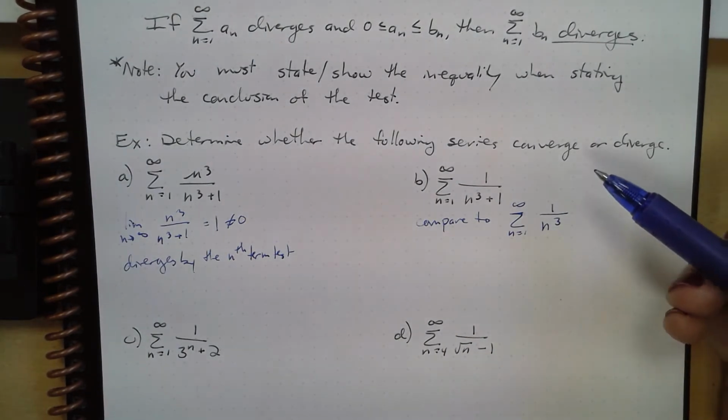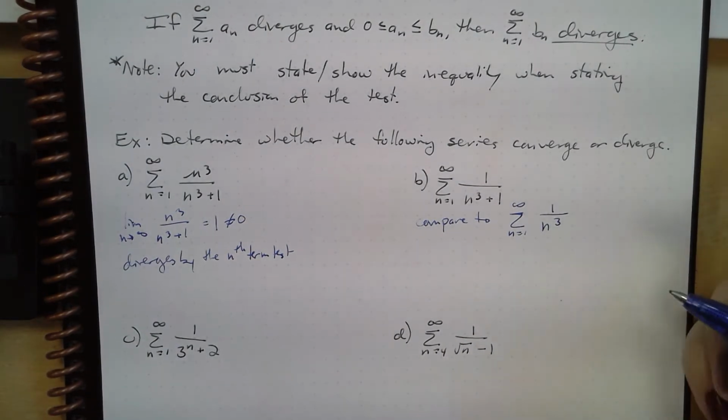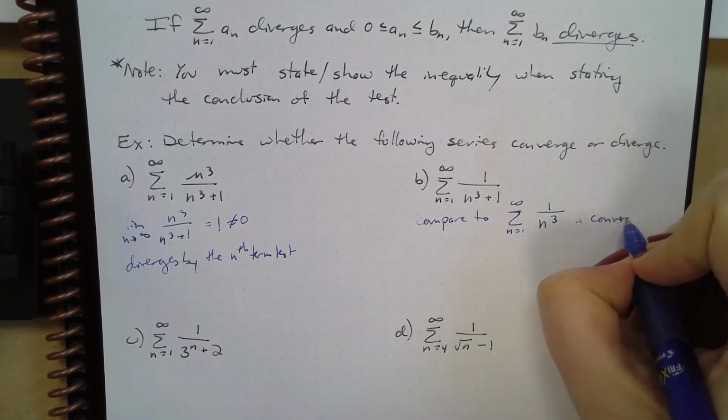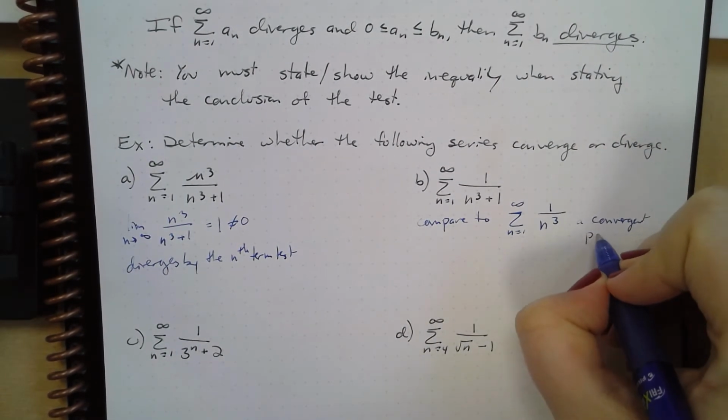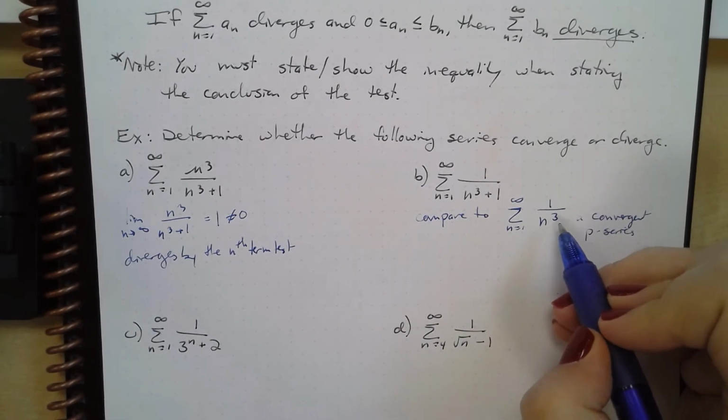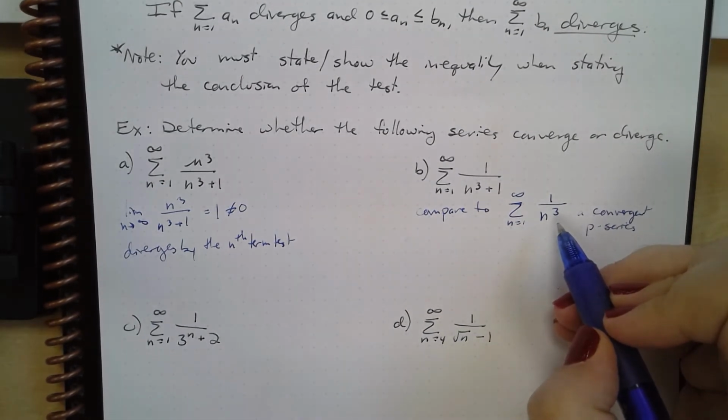That is going to be a p-series, and this is a convergent p-series, and we know that because our p, 3, is greater than 1, so this converges.